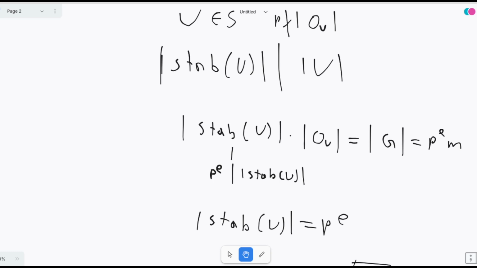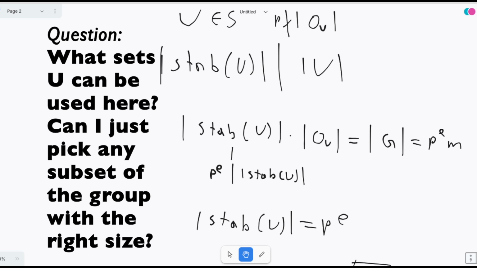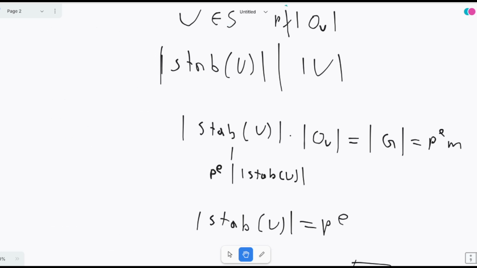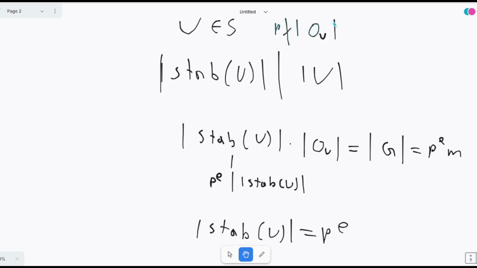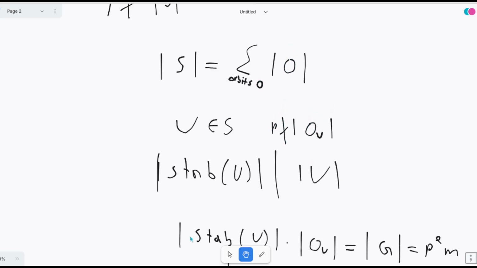Any questions? So we have the step here with the orbits, where we say that the size of S is equal to the sum of the orbits, and we have to find an orbit such that P doesn't divide the size of the orbit.